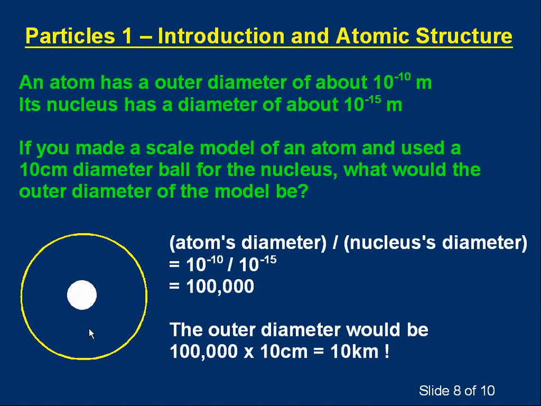So when you look at something solid like your computer or your body, actually it is nearly all empty space. And if you think about this model with the 10 centimeter diameter nucleus and the outside electron 5 kilometers away, you'll realize how much empty space is in each atom.